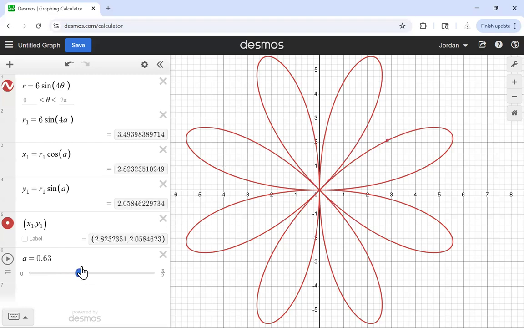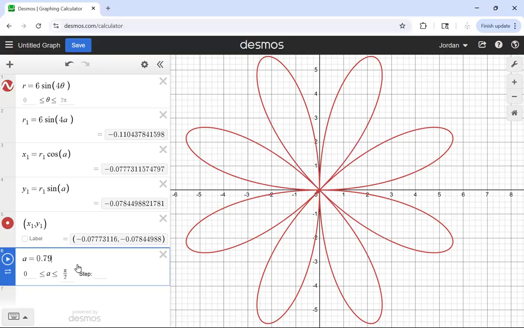As we start having this point that moves around, that very first petal, the first time it comes back in contact with the origin, looks to be somewhere between 0.78 and 0.79, which is in fact where pi over 4 is.